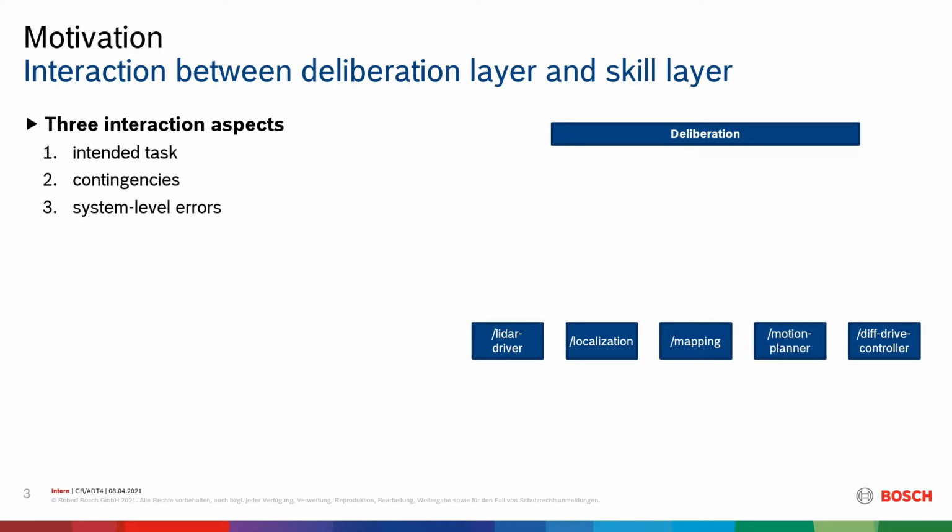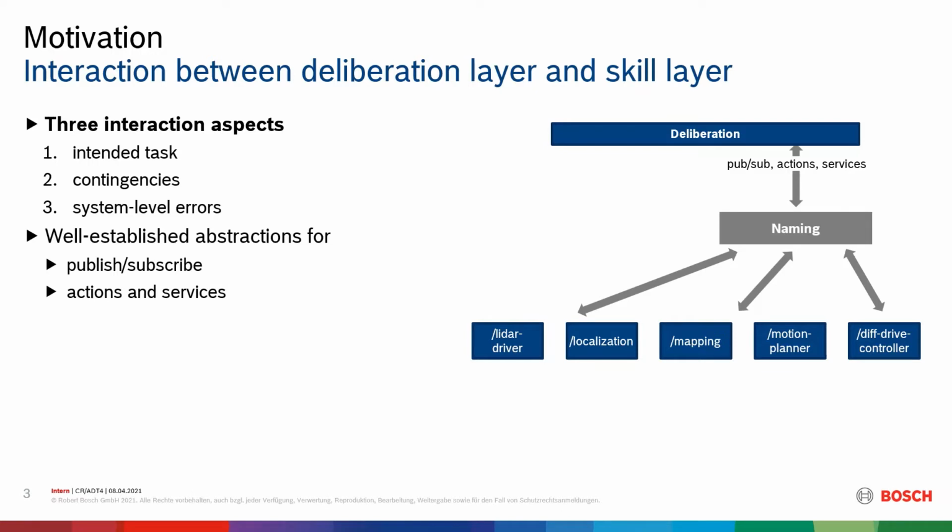While common robotics frameworks and middlewares provide good abstractions for parts of this communication, namely publish, subscribe, actions, and services, allowing effective decoupling for these aspects, some other aspects are often not well abstracted.